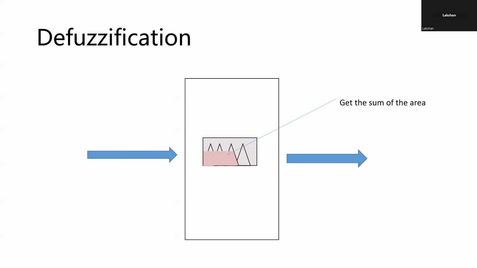I'll share a video from YouTube with an example. He is talking about what exactly defuzzification is, how to do that, and what method it is using. Here, as I said, we are using the centroid method. So you will understand that using that video. I'll share it with you.